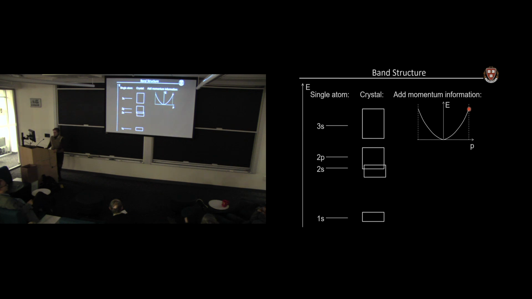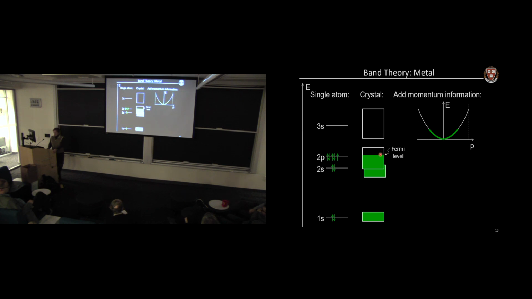And you can ask, well, how many electrons are actually in the material? So far, these are just the states that are available for electrons to sit in. But in any particular material, there are a fixed number of electrons, and the electrons fill up the available states to a certain highest energy, and that highest energy is called the Fermi level.